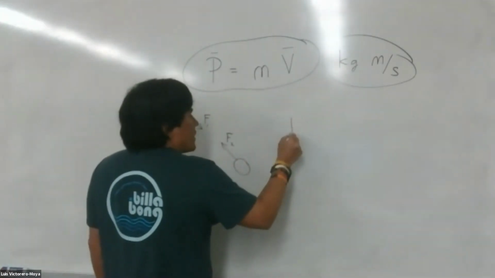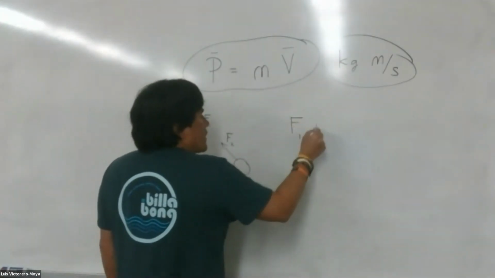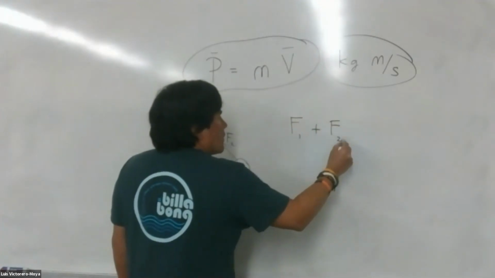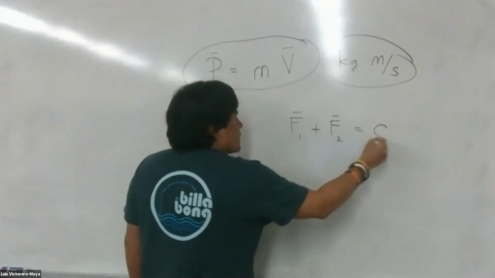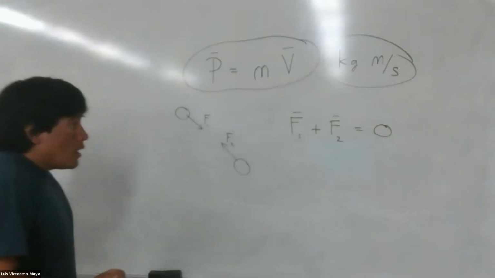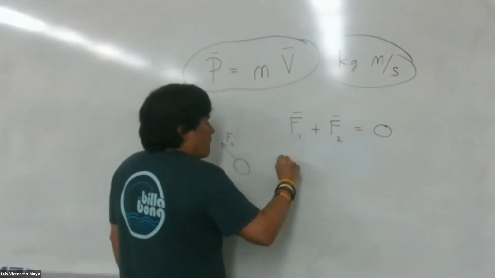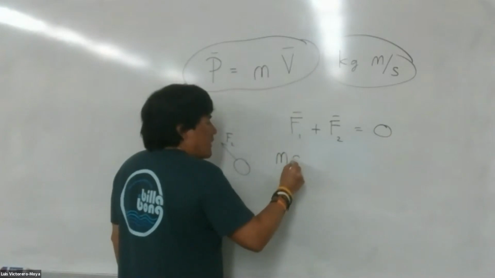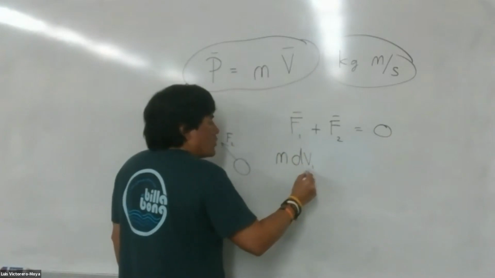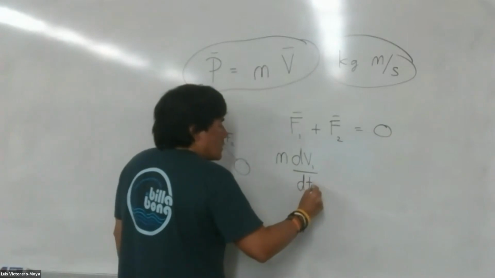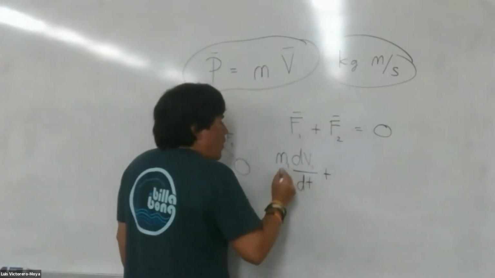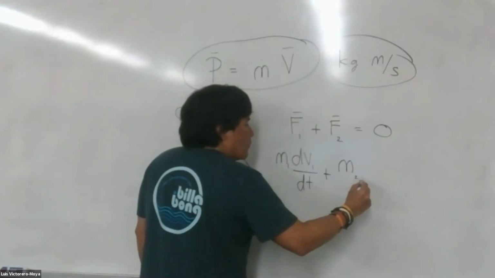So what we know is that in this isolated system, the sum of forces in equilibrium is 0. But we know that a force is mass times acceleration, which is the first derivative of velocity with respect to time. And the same happens with this. And this is M1, this will be M2.